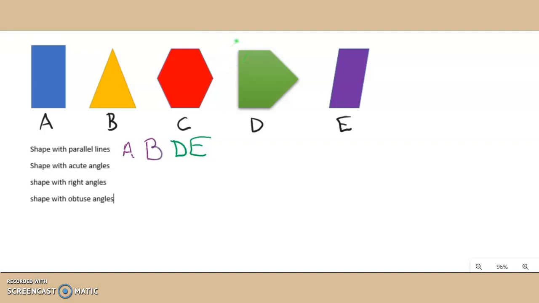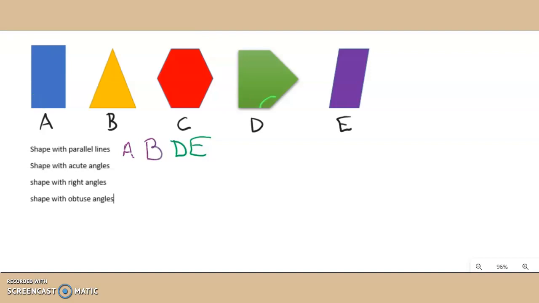The inside angle here is perpendicular. They meet at 90 degrees. Actually, I should draw it like a little square. Perpendicular, perpendicular. Oh, this one is not.